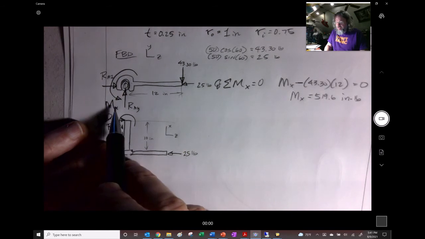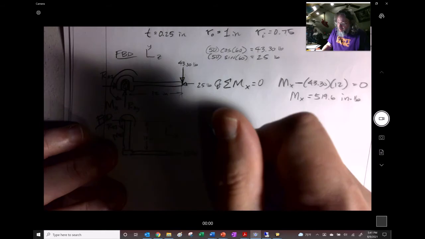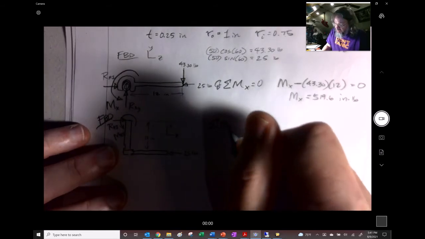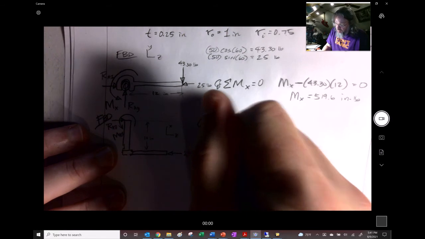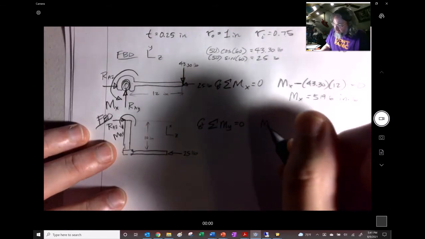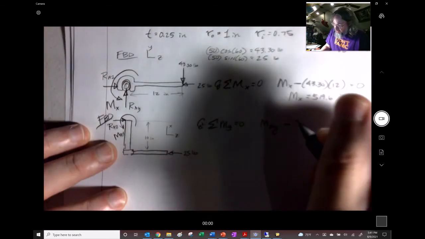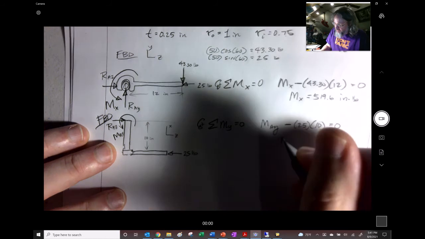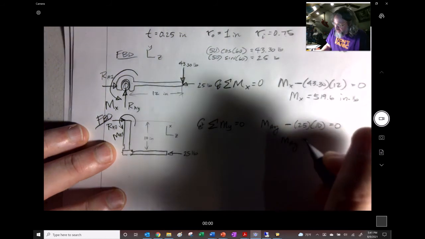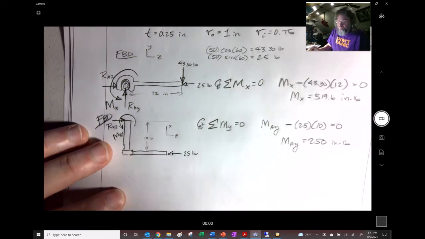Sum of the moments about the Y equals 0. We get MAY minus 25 times 10 equals 0. MAY is equal to 250 inch-pounds.